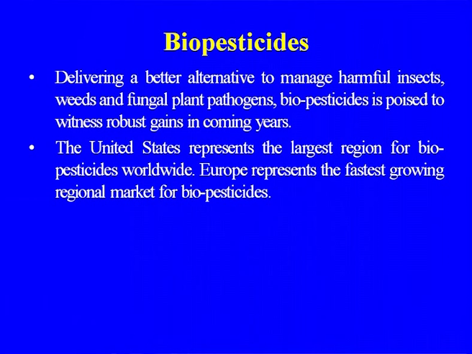Delivering a better alternative to manage harmful insects, weeds and fungal plant pathogens, biopesticides are poised to witness robust gains in the coming years. The United States represents the largest region for biopesticides worldwide. Europe represents the fastest growing regional market for biopesticides.